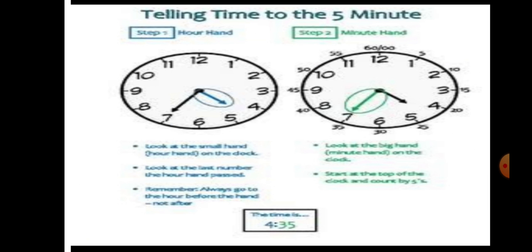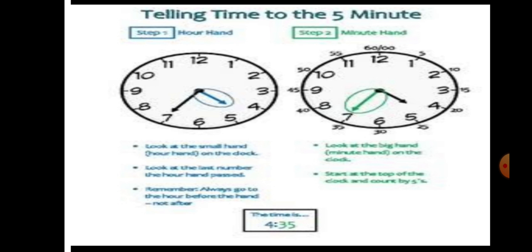Telling time to the 5 minutes. Step 1. Look at the clock shown below. The hour hand is beyond 4 and the minute hand is at 7. The minute hand at 7 shows 35 minutes have passed.